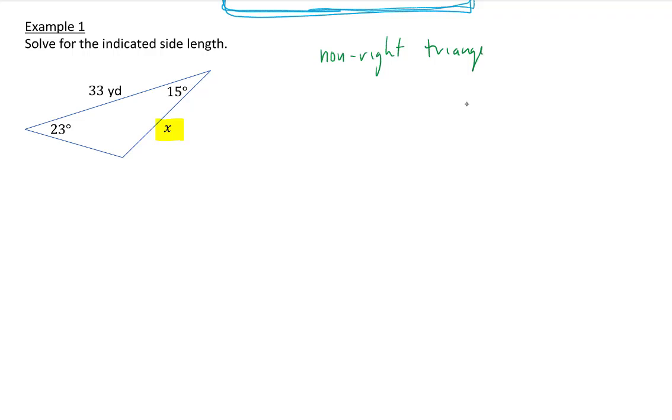And this means we need to use either the sine law or the cosine law. And we always start by looking if we can use the sine law first. And since we have a known side, and we can find this angle here, a known angle, using the 180 rule, we can use the sine law.